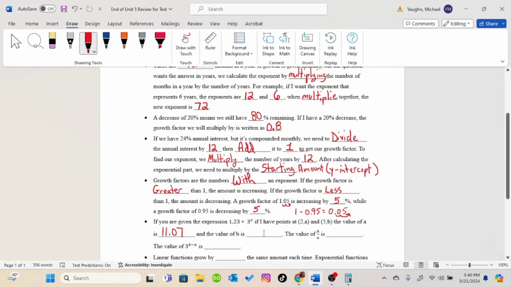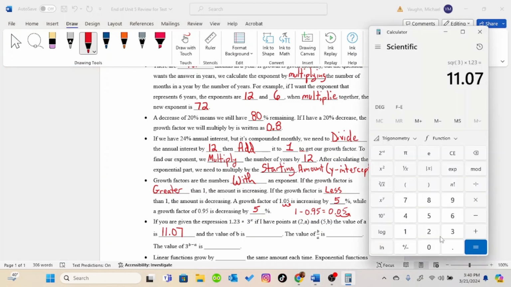Now if I look at b, the x value with b is 5. So if I have 3 to the power of 5, and now I multiply that by 1.23, b is 298.89.